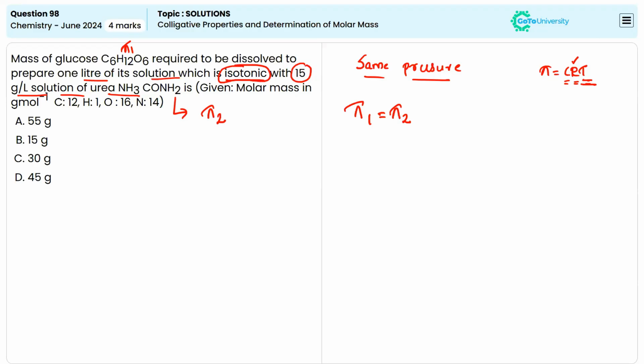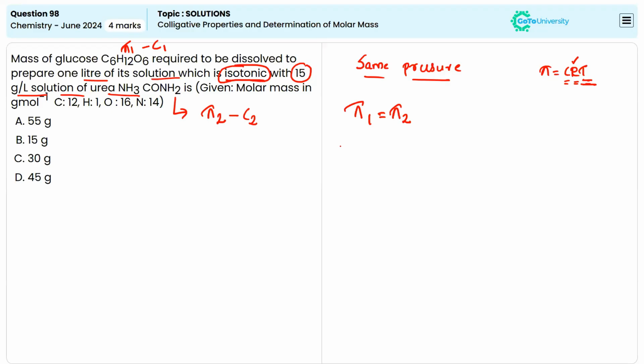So the concentration of the solutions will be the same, and the gas constant and the temperature will also be the same. For glucose, I am taking the concentration as C1, and for urea, I am taking it as C2. Now I can substitute, right?